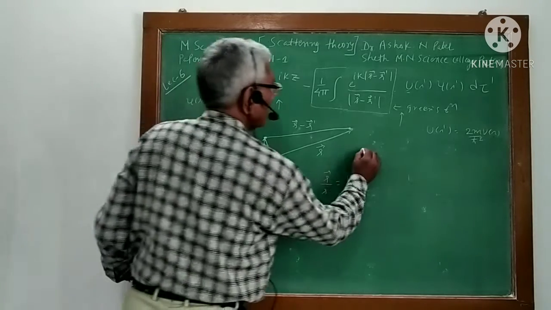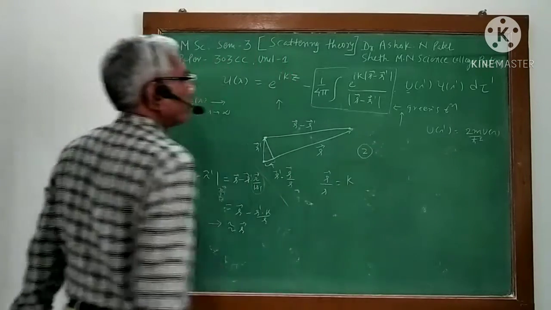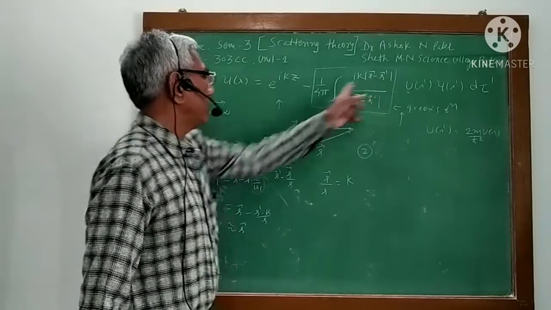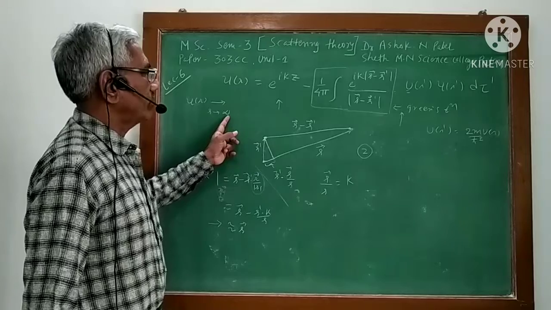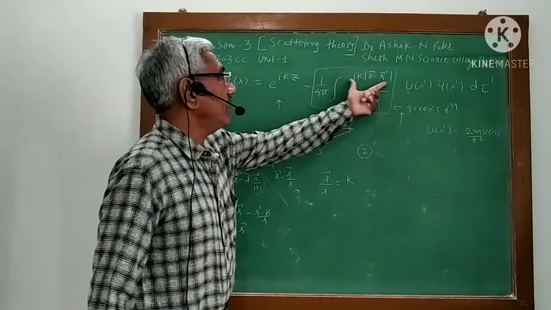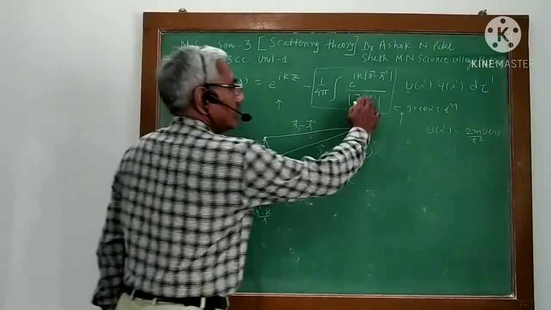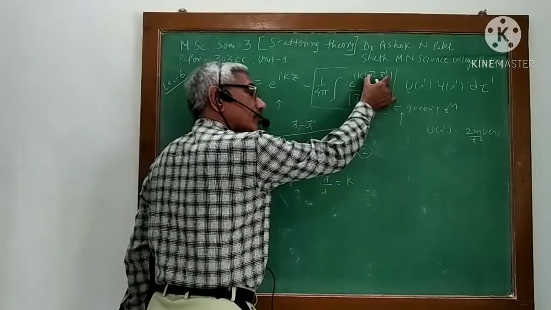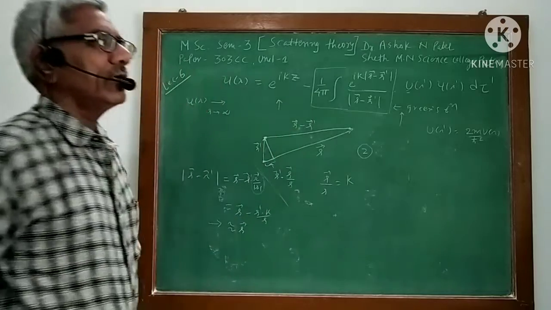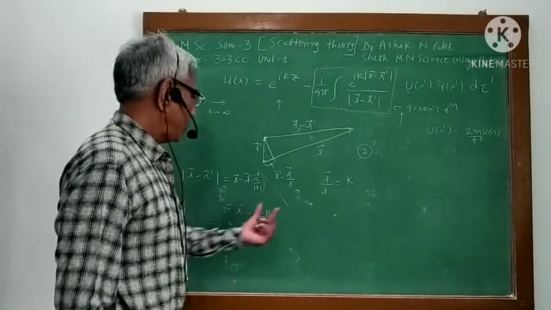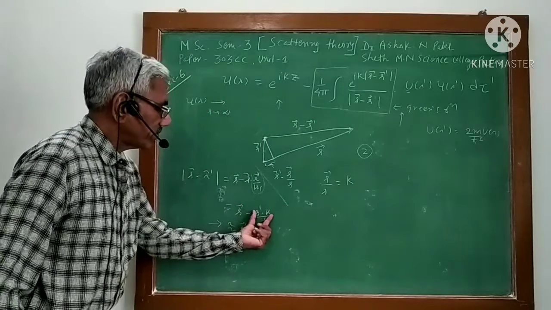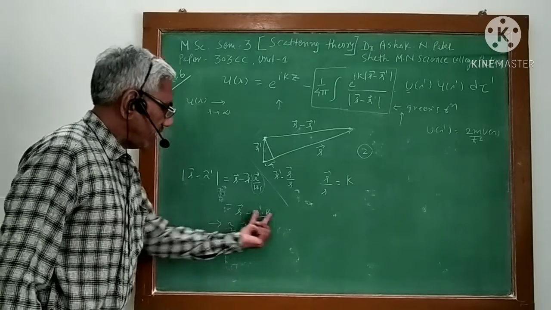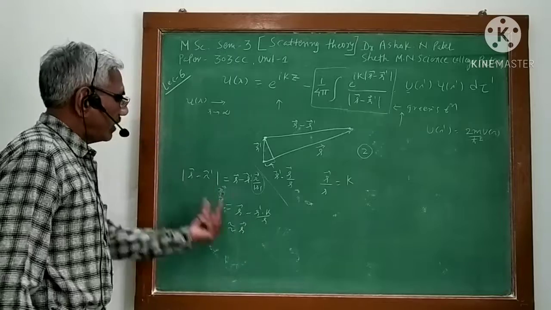Second thing is that now, if r is very large compared to r dash, then in the exponential term, even if it is small, you cannot ignore it. Here we have ignored this part in comparison with this, and we have written that this part is r.